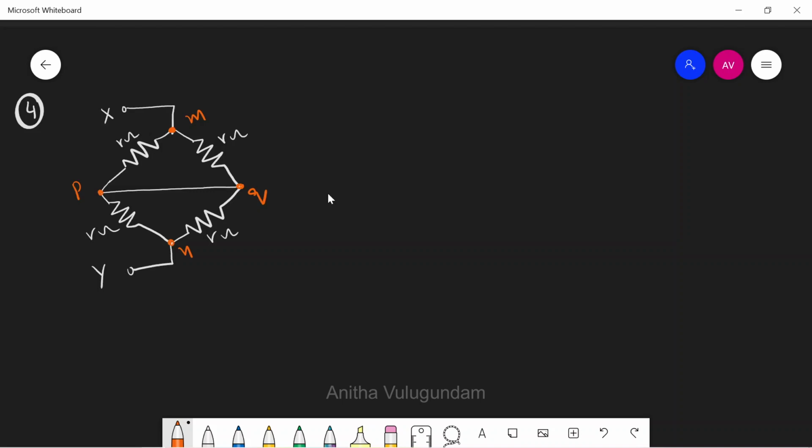I just want to redraw this circuit, as this redrawing will help me to find equivalent resistance more easily.